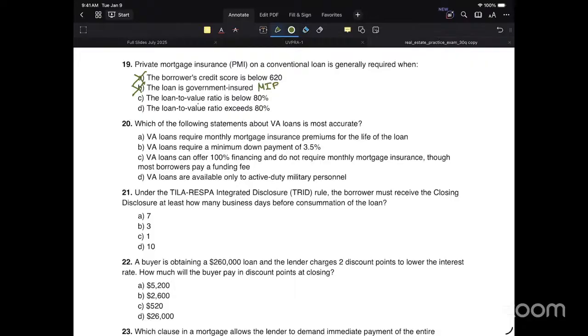C, the loan to value ratio is below 80%? Well, no, that's a low LTV, and that means we don't need extra insurance. Our answer's got to be D. If your loan to value ratio exceeds 80%, then more than likely you'll have to pay PMI.